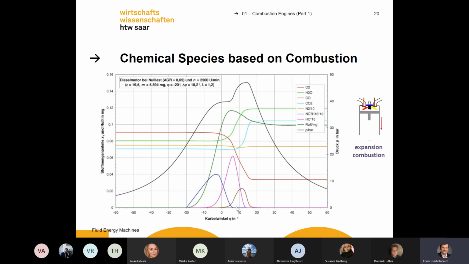You need some time for the physics, you need some time for the chemistry, and this all causes delays. But you need the power at the right point to get the work from the cylinder. So you have to take into account electric delays, chemical delays, or even fluid flow delays to get the combustion at the right point.